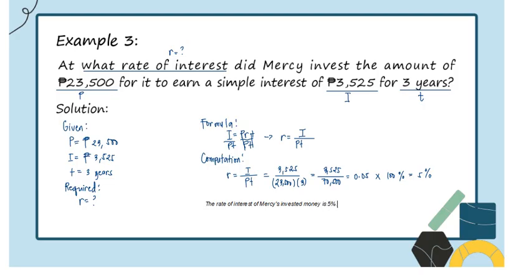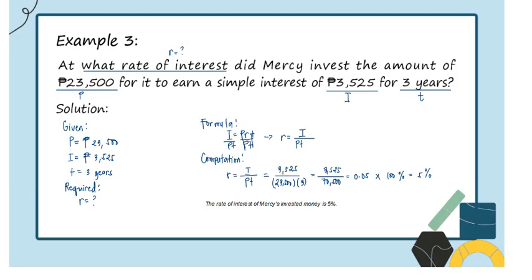So, it doesn't matter naman how you state yung ating conclusion, as long as understandable siya. Of course, in English. So, the rate of interest of Mercy's invested money is going to be 5% if I'm going to answer the problem, or I'm going to make a conclusion out of the problem.